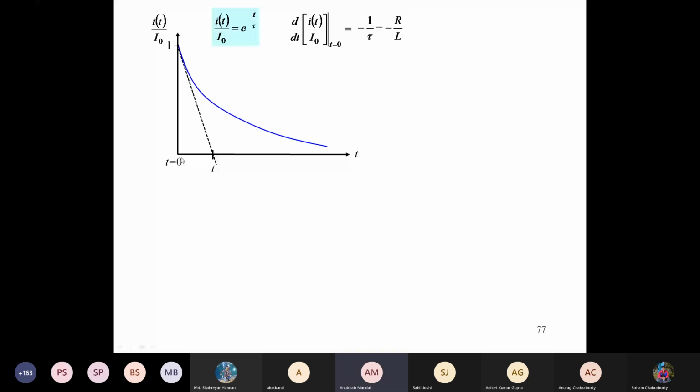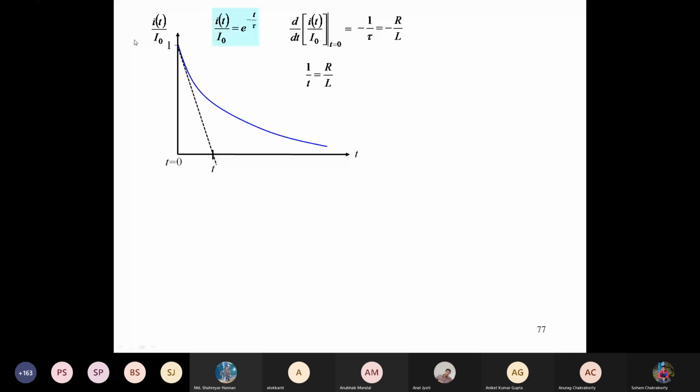The gradient at t equal to 0: this magnitude divided by this t is basically equal to the slope.